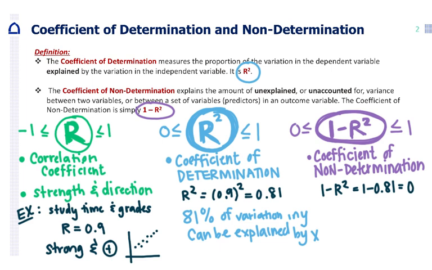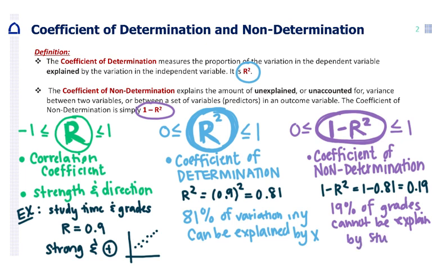The coefficient of non-determination would be 0.19, but what that would actually mean as an interpretation is that 19% of, for example in this case, the reason you got the grades you got cannot be explained by study time.